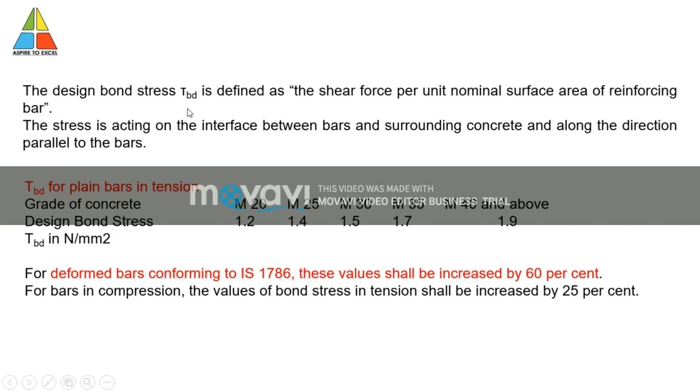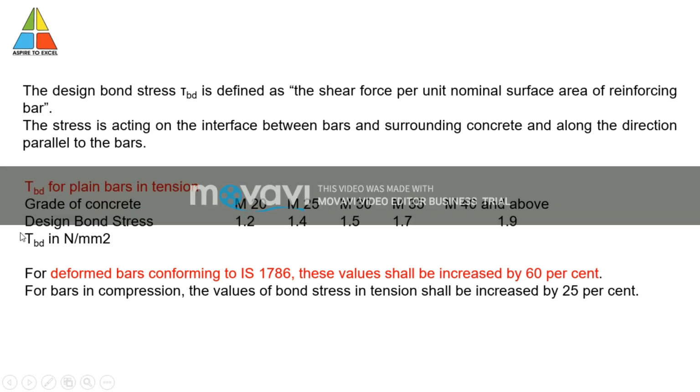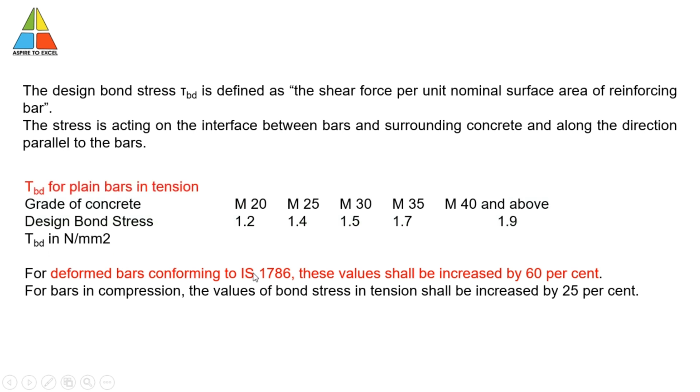The stress acts on the interface of the bar and the surrounding concrete along the direction of the bars, parallel to the bars. If you see, the value of tau BD for M20 is 1.2, and for M30 it is 1.5. So as the grade of concrete increases, the bond stress tau BD also increases. This value is for plain bars, and in our case we are using HYSD 415.